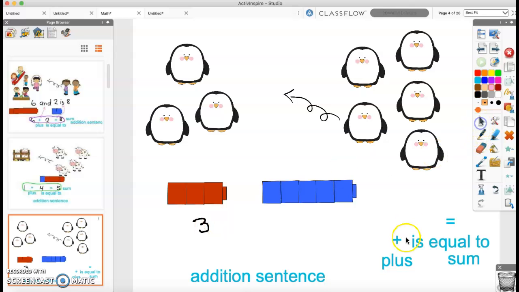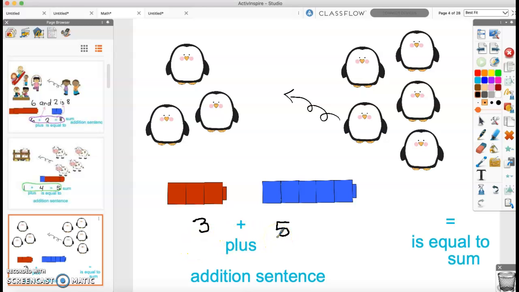If you said plus, you got that right, because we are adding, our plus sign. Think about what you're going to do next. If you thought that you're going to count the blue cubes, 1, 2, 3, 4, 5, and write 5, excellent job. So we have 3 plus 5.